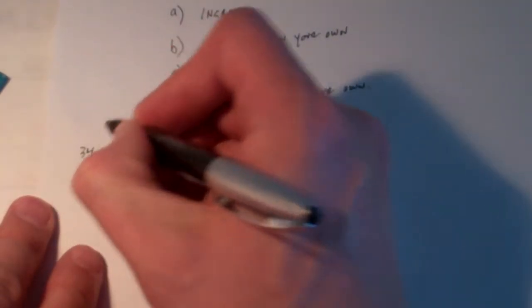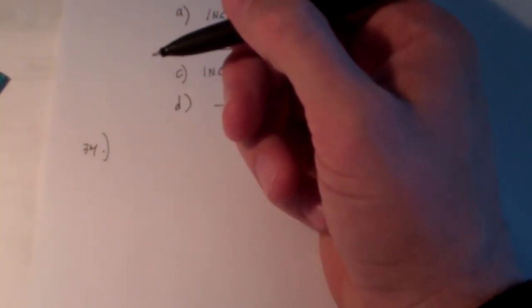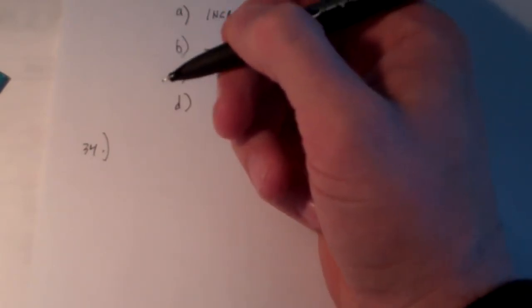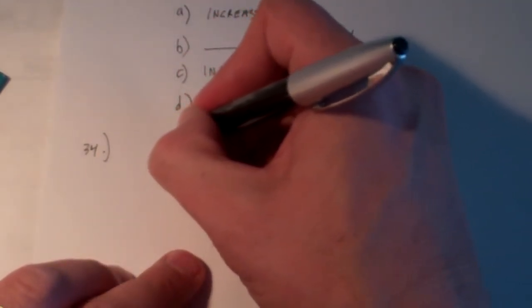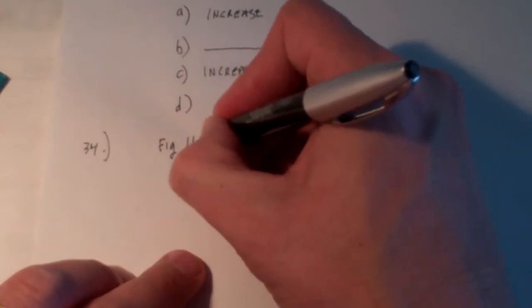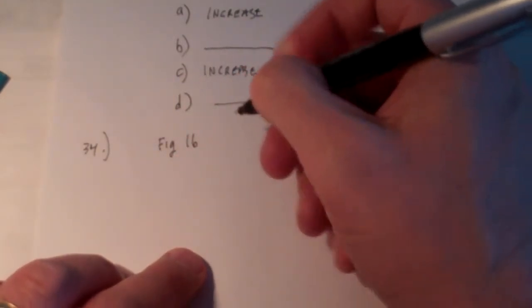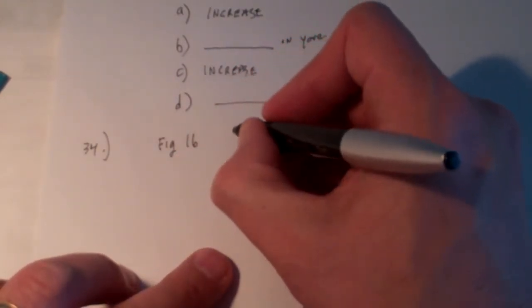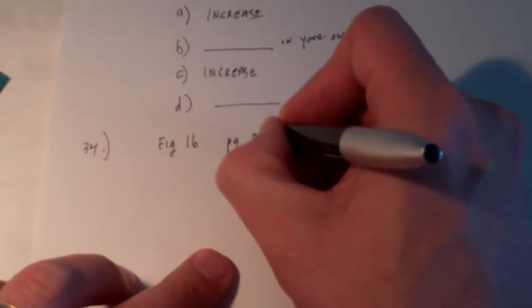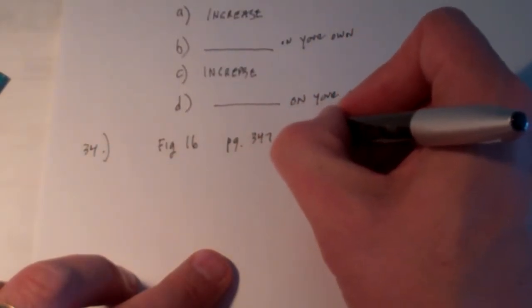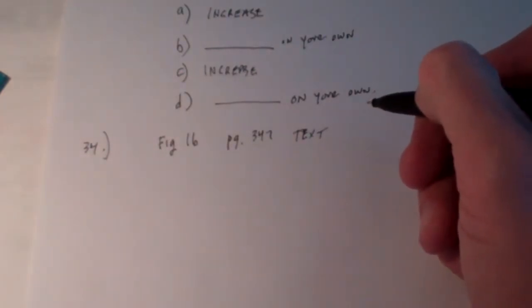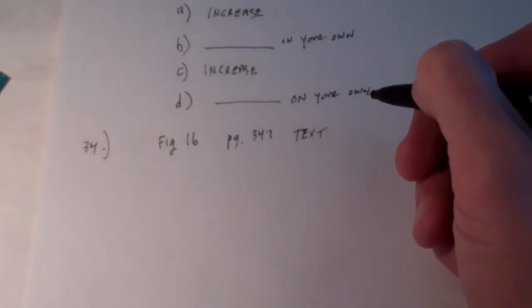Okay, next up is number 34. Number 34 says, given a sample of water at any point on the curve AB in figure 16. Now, when it says figure 16, it's referring to a figure in the chapter. Figure 16 is on page 347 of your textbook, and it happens to be the phase diagram for water.